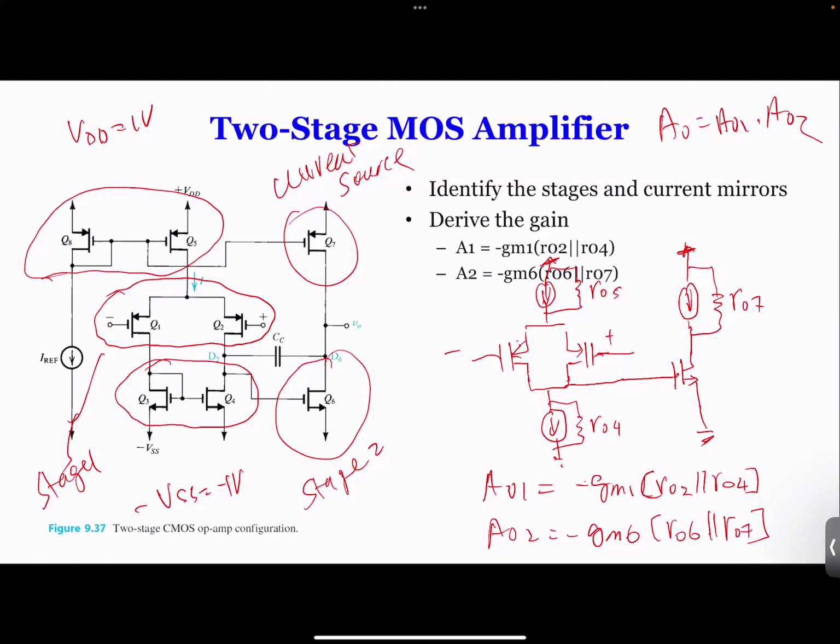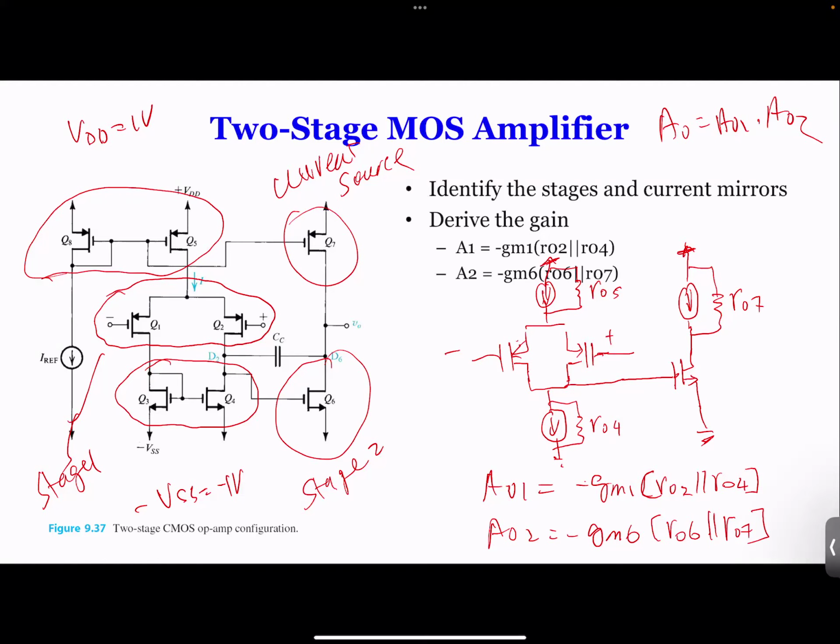Q5 goes into triode mode. It will never go off, it will go to triode mode. If Q5 goes to triode mode, what is the voltage between the source and drain of Q5? For MOSFET, 0.2. So if that's 0.2, how much voltage do we have here? 1 minus 0.2, you get 0.8.